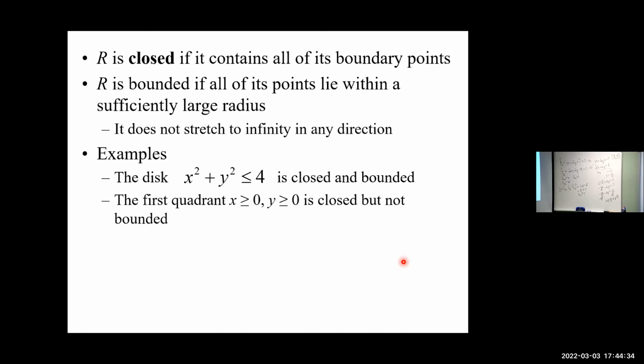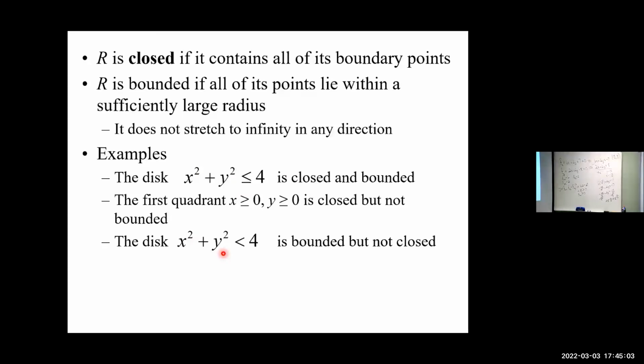The first quadrant, if we did x is greater than or equal to 0, y is greater than or equal to 0, is closed because it contains its boundary points, the x-axis and the y-axis, because of the equals. But it's not bounded because it stretches off to infinity. If I remove the equals from our example earlier, our disk is now bounded, but it's no longer closed because we no longer are including the boundary points.